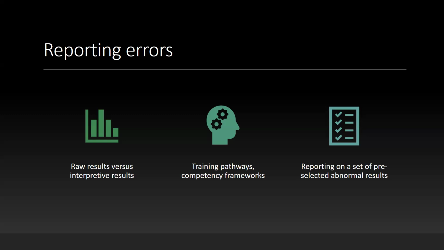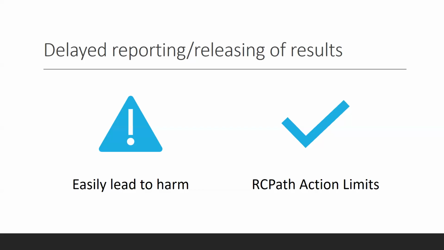It's key that results should be clearly communicated out, and definitely to include signposting for requesters to be able to contact the laboratory for additional guidance going forward. Naturally, delayed reporting and releasing of results can cause significant patient harm, especially if the result is really critical for immediate or short-term management.